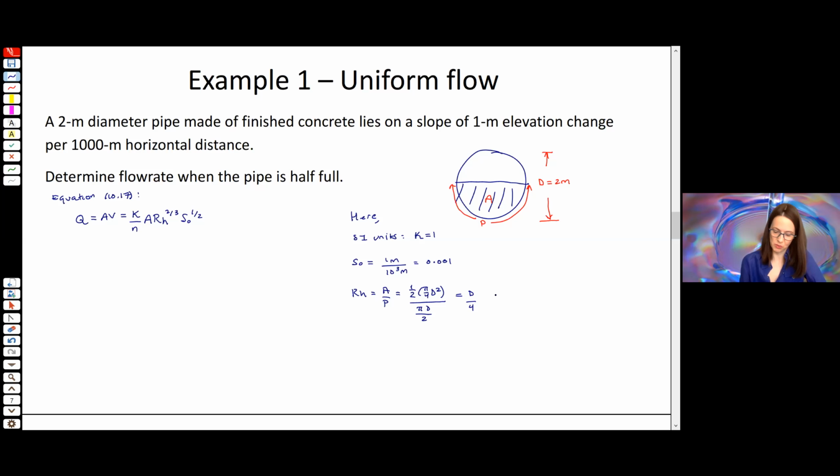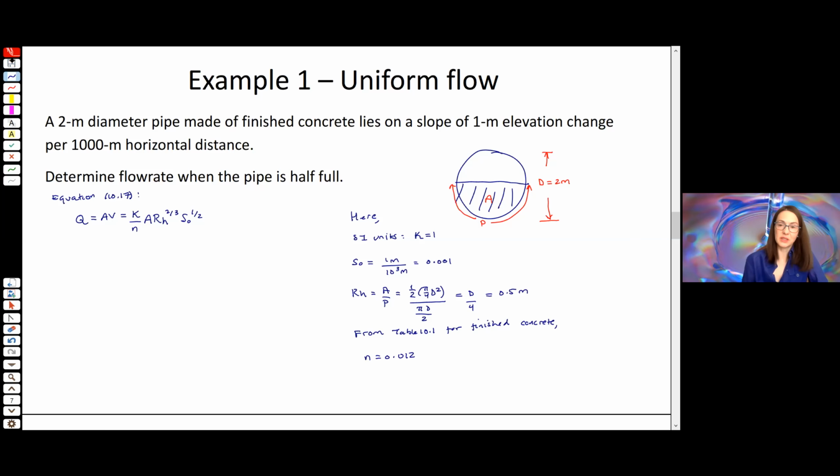Our diameter is 2 meters, so this is 1/2 meter. And then finally, we have to look up the value for the Manning coefficient N from table 10.1. For finished concrete, which is exactly how it's worded in the table, we find that N is 0.012.